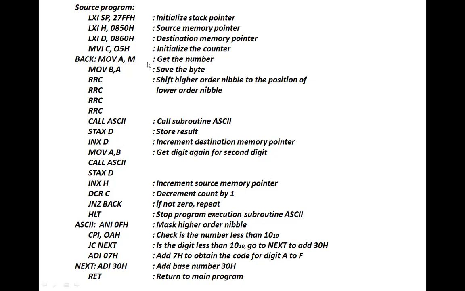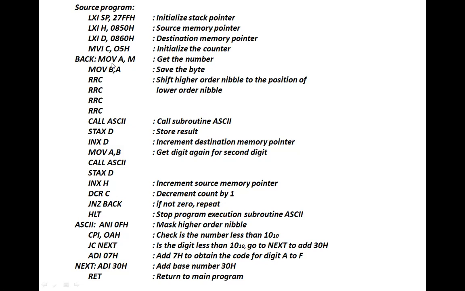Now 5 numbers have to be converted. So we have to initialize the counter, and suppose for that purpose, we are using the C register. We have to convert 5 numbers that I have explained earlier, 1, 2, 9, A and B. So we have initialized the C register, which is working as a counter, as 05.